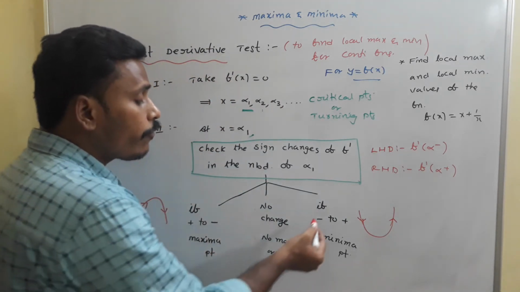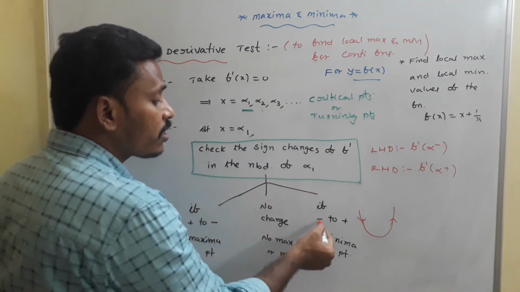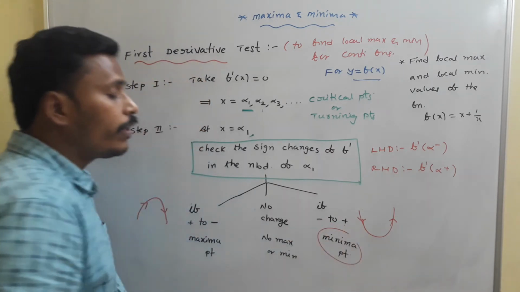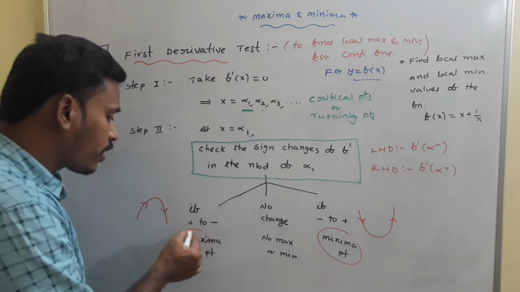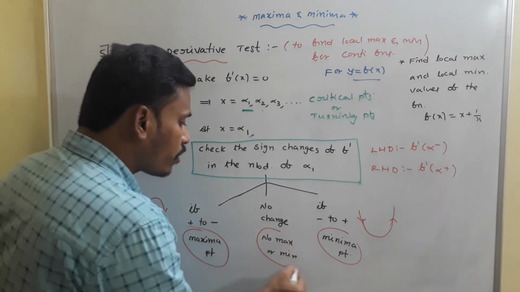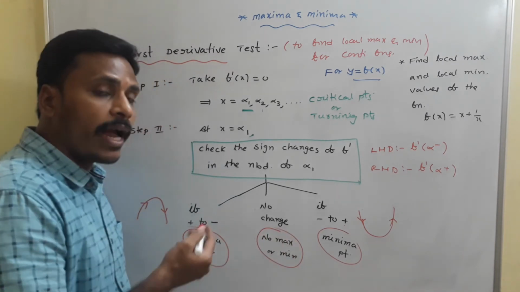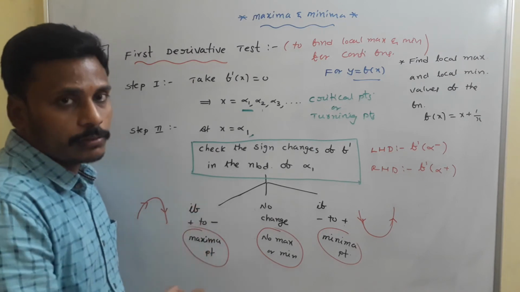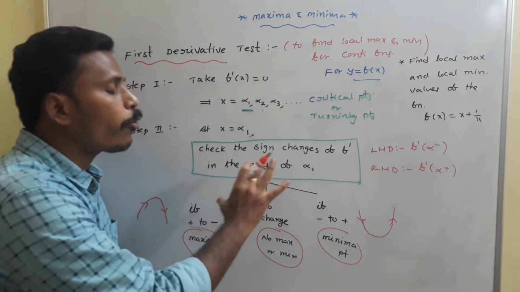So if derivative f dash changes its sign from minus to plus, we call it a minima point. If it changes its sign from plus to minus, we call it a maxima point. If there is no change in the sign, then we say that there is no maxima or minima at the point alpha 1 for the function. See, at each and every point we need to check.